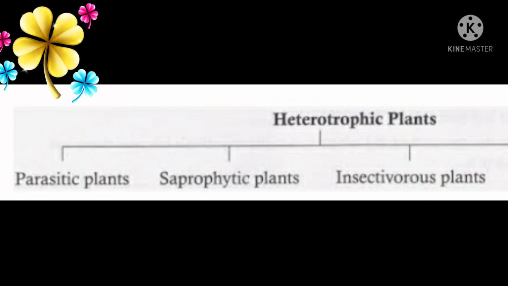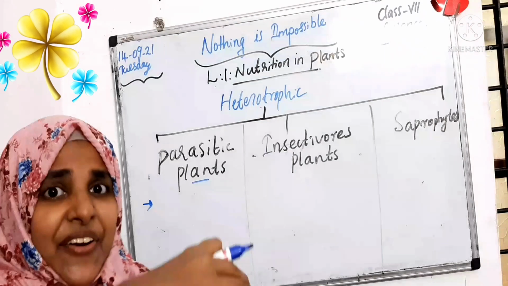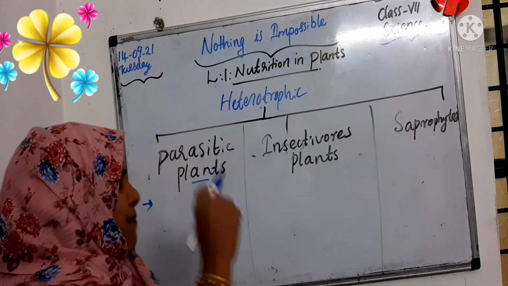Students, we can classify heterotrophic plants into three types: parasitic plants, saprophytic plants and insectivorous plants. Let's check them in detail. Parasitic plants take ready-made food from the host, the original plant.